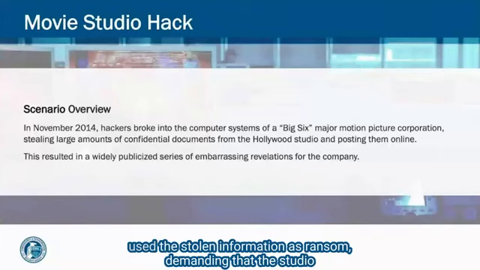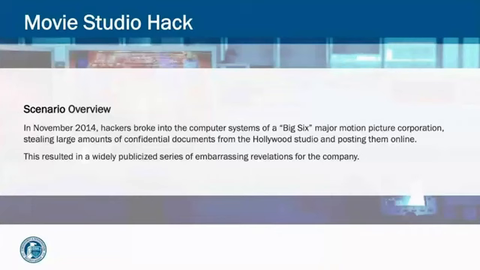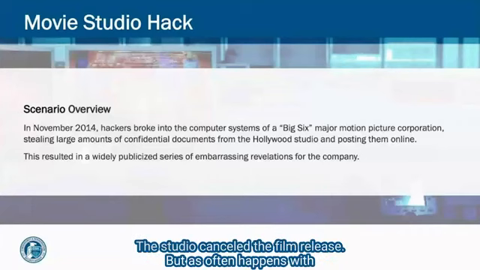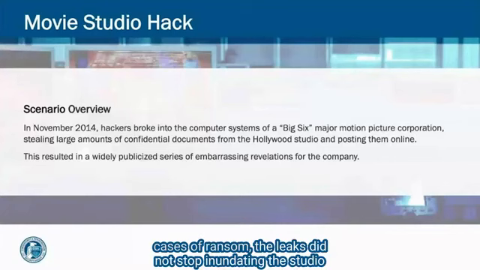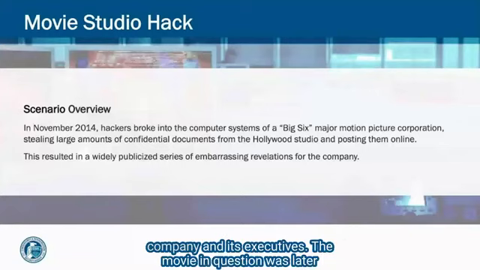The attackers used the stolen information as ransom, demanding that the studio cancel the release and distribution of a specific movie. The studio canceled the film release, but as often happens with cases of ransom, the leaks did not stop, inundating the studio with a barrage of costly and embarrassing revelations about the company and its executives.